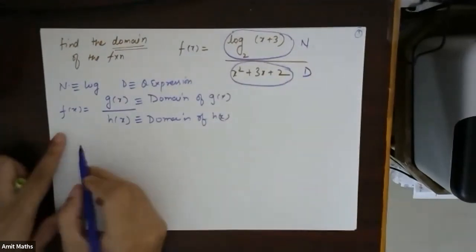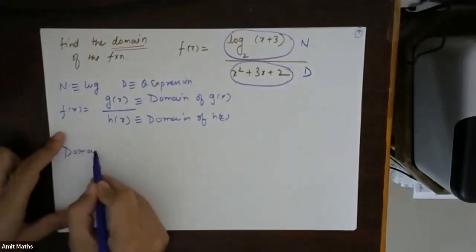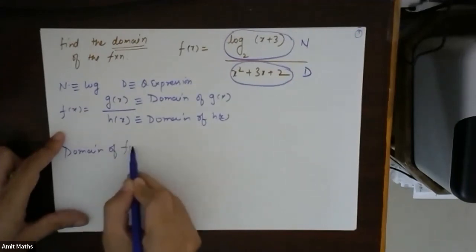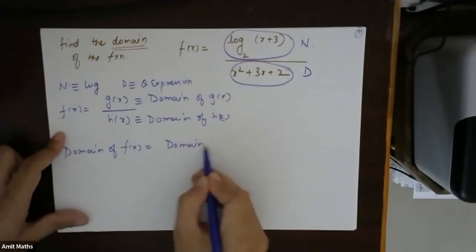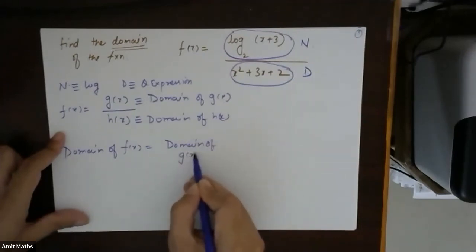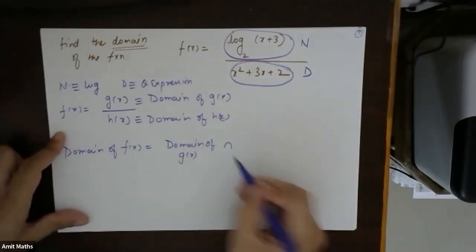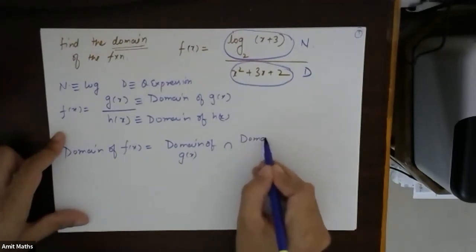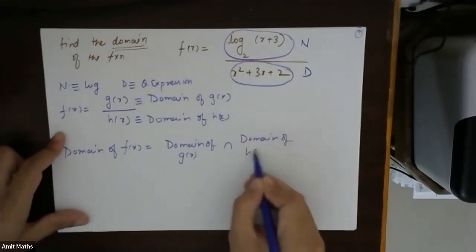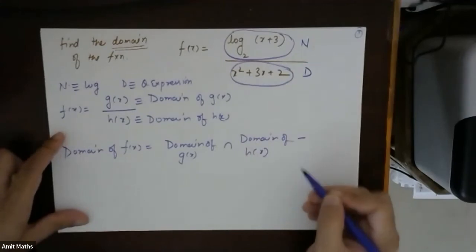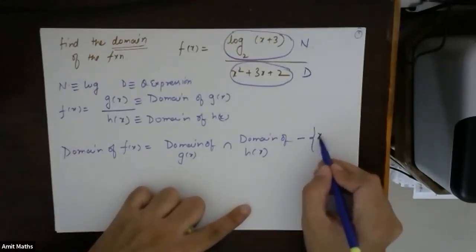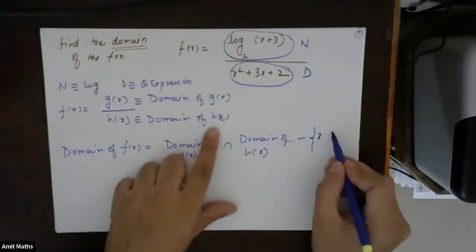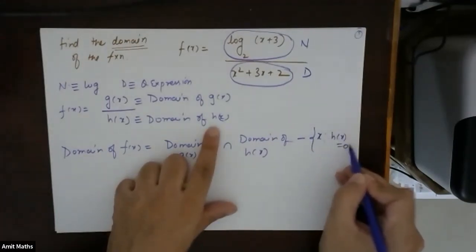So that means the domain of f of x will be the domain of g of x intersection the domain of h of x, minus all those values of x such that h of x is equal to 0.